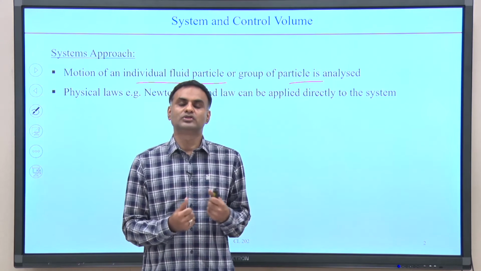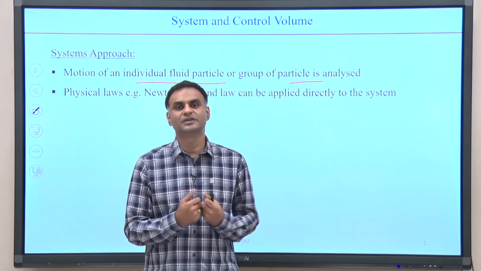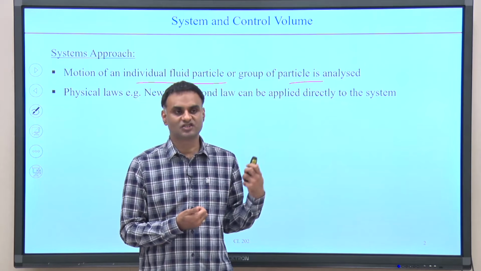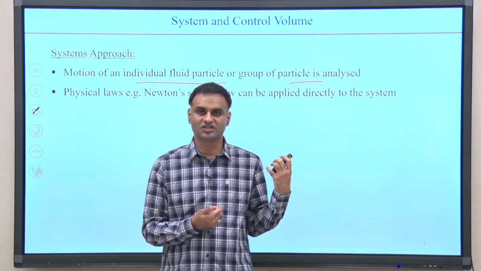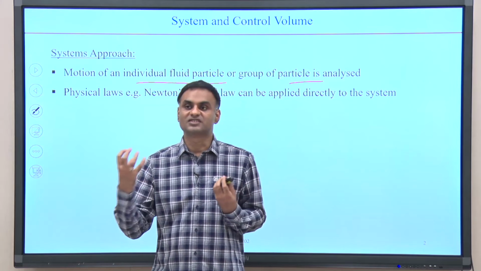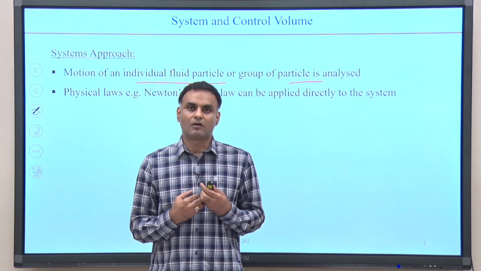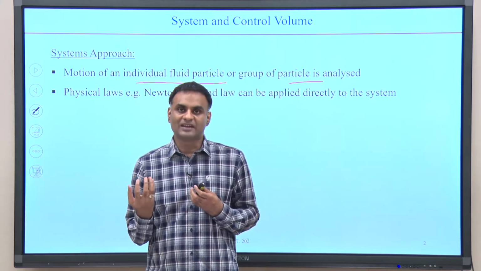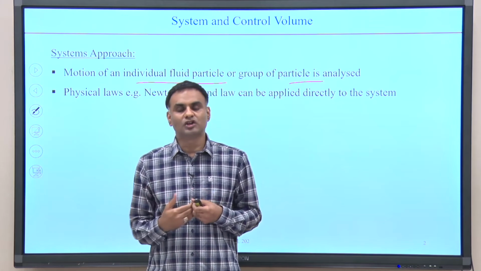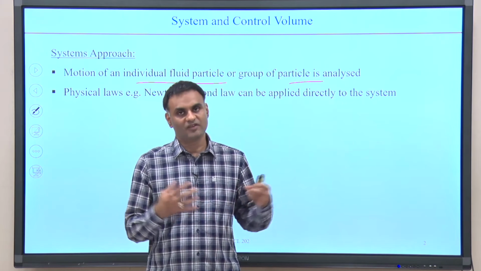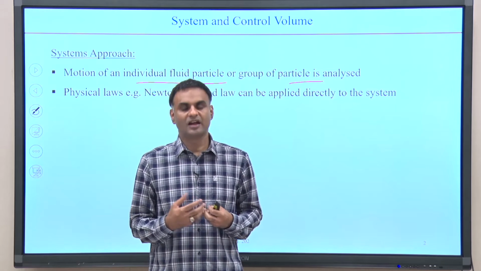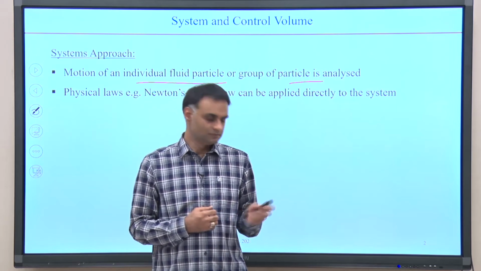However, those laws have been developed using a systems approach, or Lagrangian approach, where the system is fixed. Now, in fluid mechanics, we use the control volume approach, where we look at a fixed region in space and analyze the fluid motion.